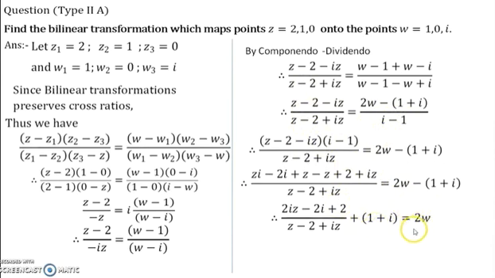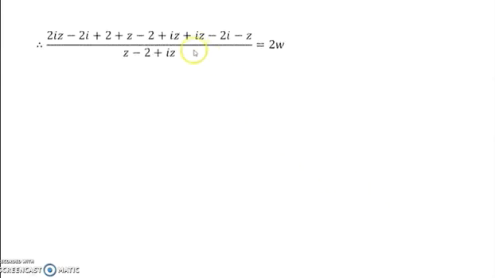On the right hand side we have only 2W. Our motto is finding the W value. Simplify the left hand side value. We will get (4iz minus 4i) by (z minus 2 plus iz) is equal to 2W. The numerator 2 gets cancelled with the right hand side 2.